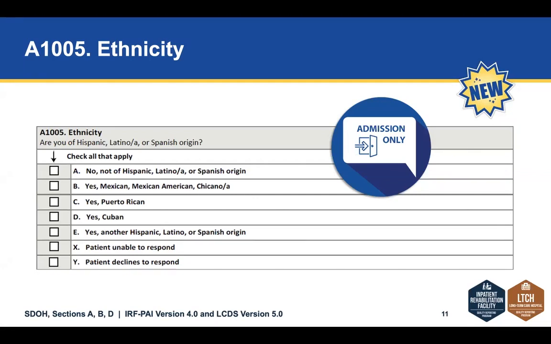When looking at the assessment instruments, you'll see that this particular data element can be found on page 3 of the admissions section of the IRF-PAI, and in the LCDS, it is on page 3 of the admission assessment. As you can see, ethnicity is a check all that apply data element that is conducted on admission only. We will discuss what this means when we review the coding instructions in a few moments.